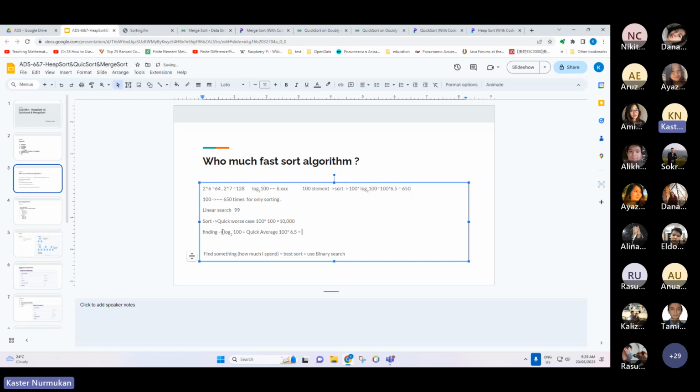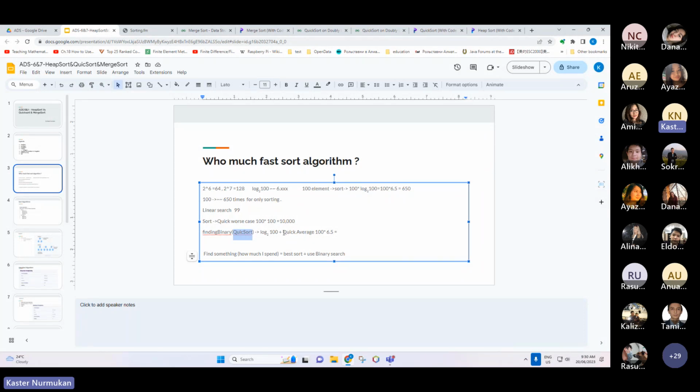So that's binary search, finding the element after sorting with Quicksort. So I'm trying to find with binary search. Why do I need binary? Because it's the fastest search algorithm. So if I'm using binary search, I need to Quicksort. I mean, the average case is better.